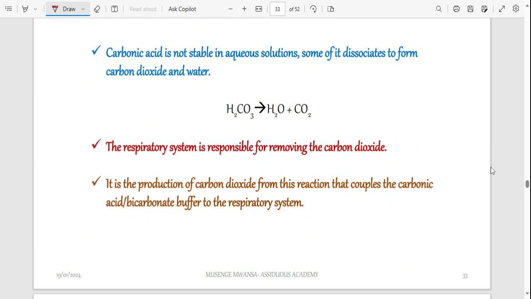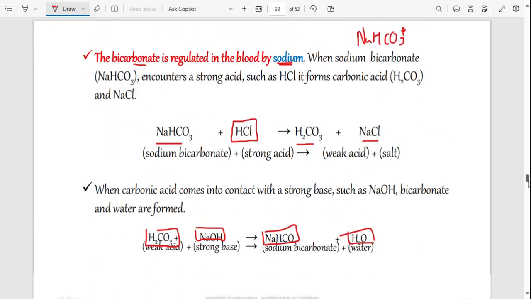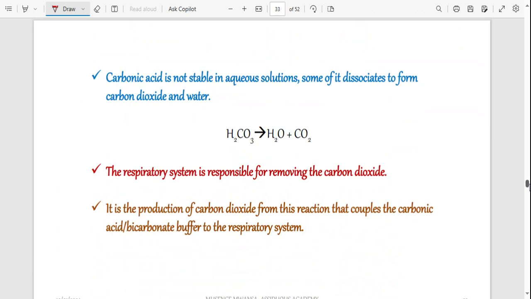Now for this buffer, as we already said, the carbonic acid can dissociate to form carbon dioxide and water. Because when the acid reacts with this buffer, we are forming more of the acid, right? A lot of this acid which is being formed might accumulate in the body.